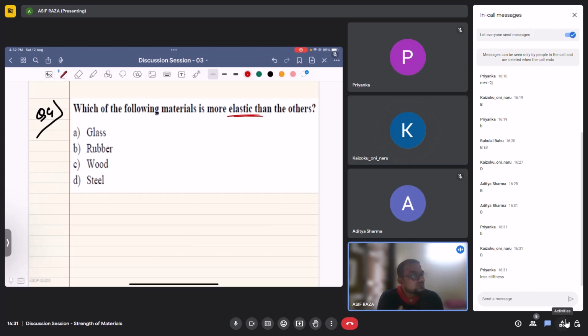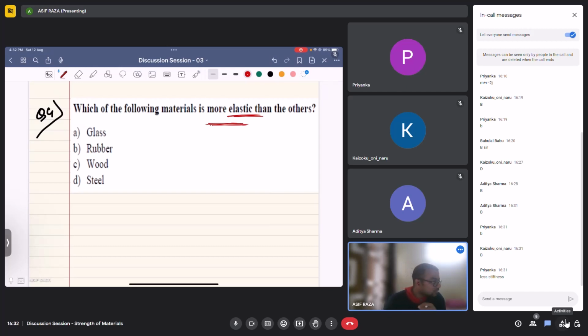If we apply the load, the body deforms, and when we remove the load, it will attain its original configuration. So that is what an elastic property implies. If I say a material is more elastic compared to others, what do you imply with that? A certain material has more tendency to attain the original configuration as compared to the others.